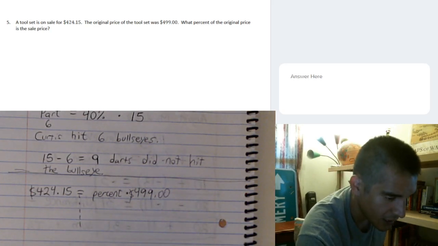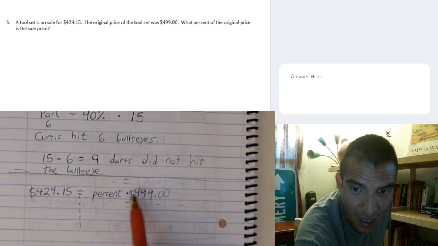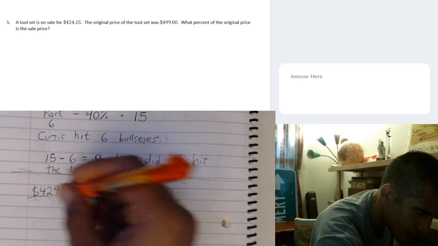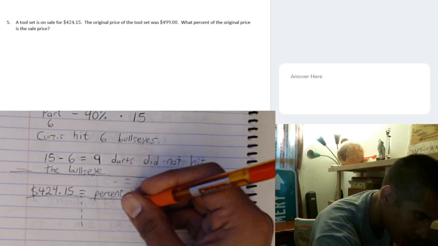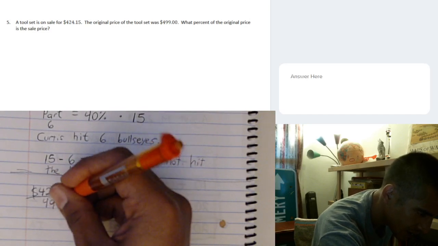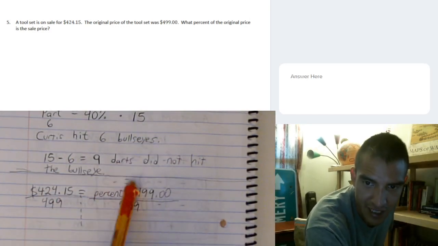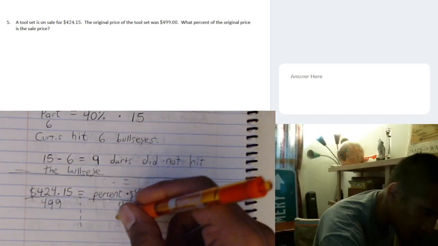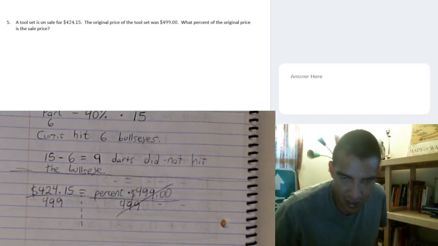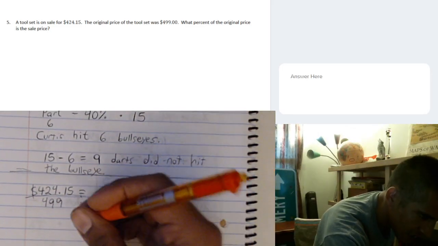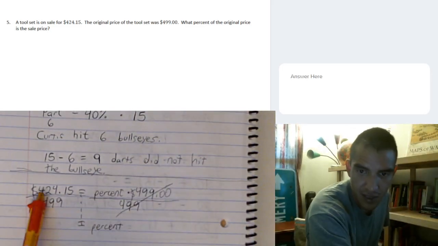Hopefully you're thinking, what's the opposite of times 499? The opposite would be to divide by 499. And as you can see, on the second side, 499 divided by 499 equals 1, so I cross it out. And so now we know that the percent equals this fraction.